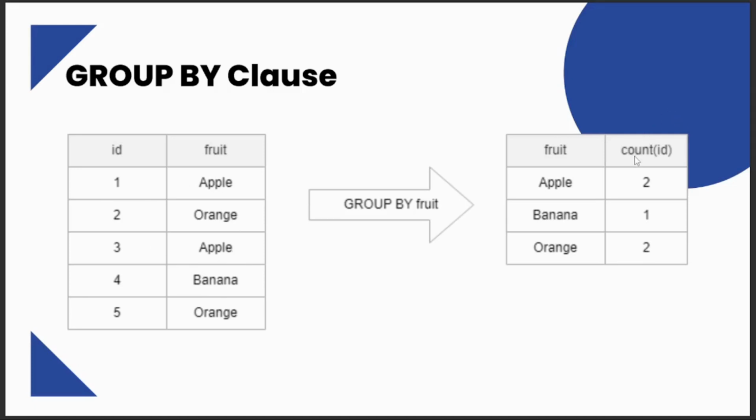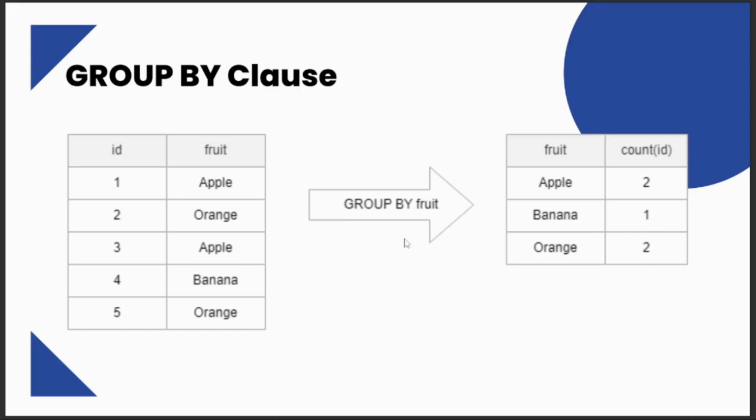So it will give the count as 2. Here it is asking the count of ID, which means it will see how many IDs are present for the apple fruit. Banana is present 1 time, which means it has only 1 ID, so the count is 1. Similarly for orange, the count is 2.